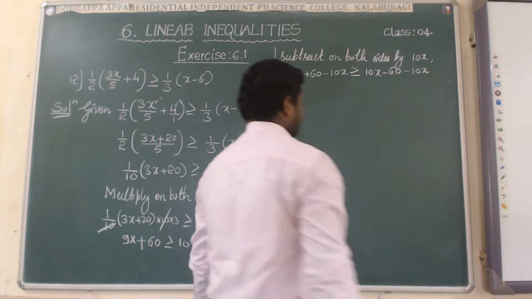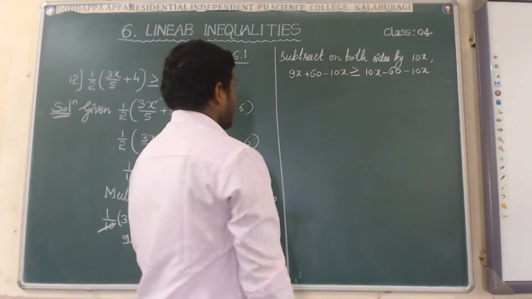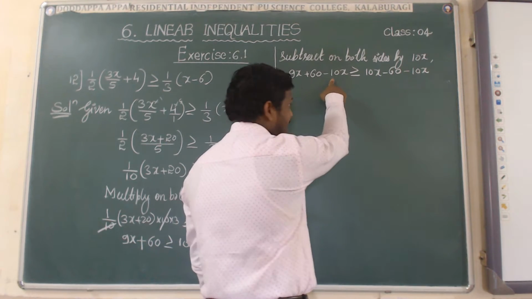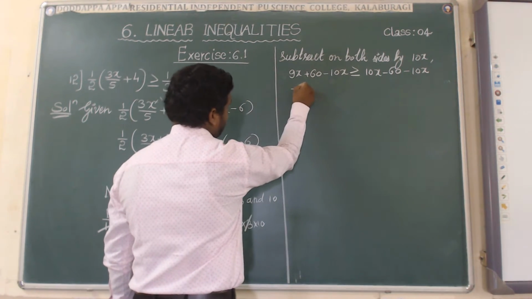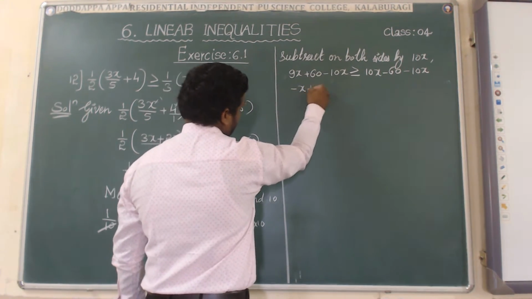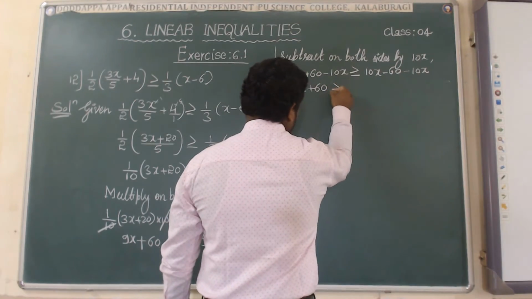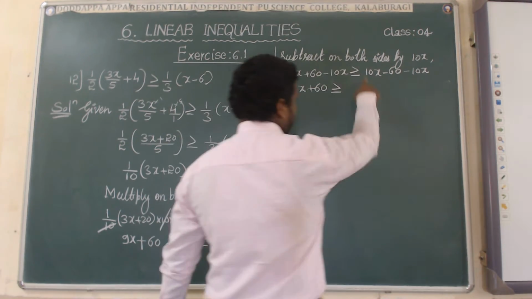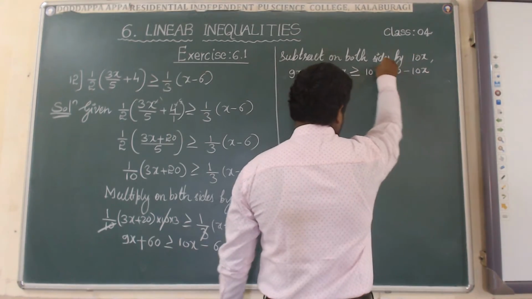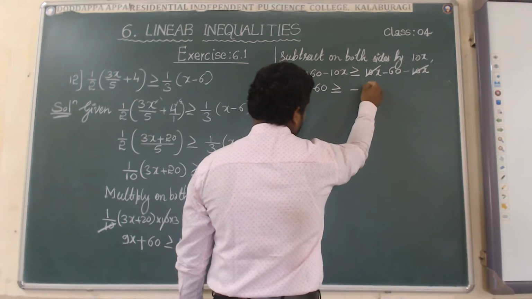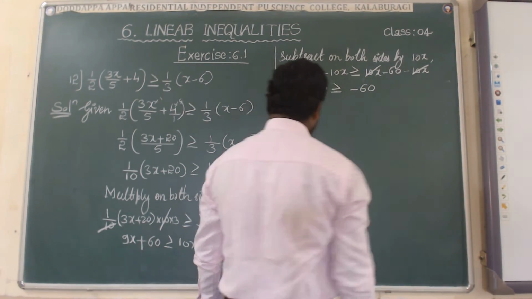Plus 9x and minus 10x simplify to minus x, and plus 60 as it is, the symbol remaining the same. On the right, plus 10x and minus 10x become 0, so what is left is minus 60.